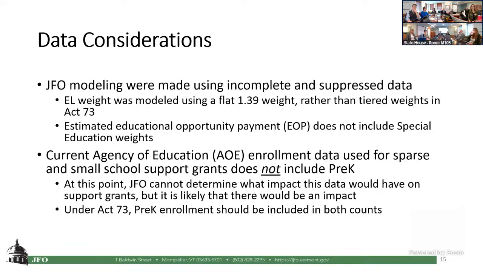Also, I think it's worth pointing out that the AOE enrollment data that we have currently been able to access for our sparse and small school calculations does not include pre-K enrollment. At this point, we cannot determine what impact this data would have, but we assume that there would be some impacts. Also, under Act 73, pre-K enrollment is not excluded from small or sparse support grants. So we assume that it would need to be accounted for when determining the support grants.